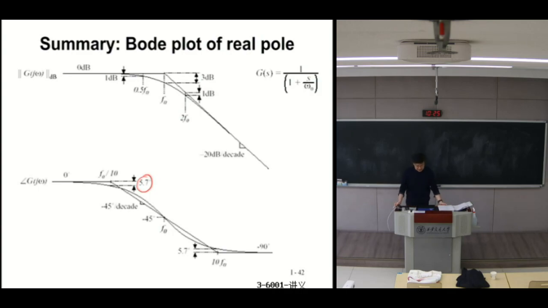So this is going to be the approximation of asymptotes we're going to use in the future: these 3 sections of straight lines to approximately represent the phase angle of a single pole.